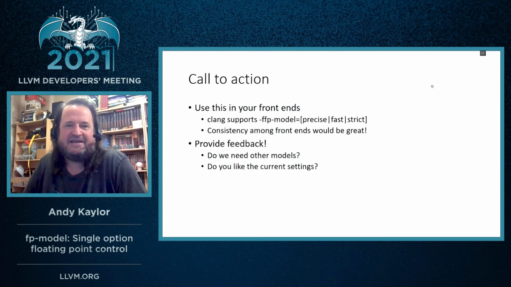The other call to action here is provide some feedback. So if you think that we need additional models beyond the 3 that I've talked about today, or if there's something about the settings that you think should be changed, please bring this up. You can start a conversation on the LLVM Dev mailing list, or feel free to contact me directly. My email address is andrew.kaylor@intel.com.